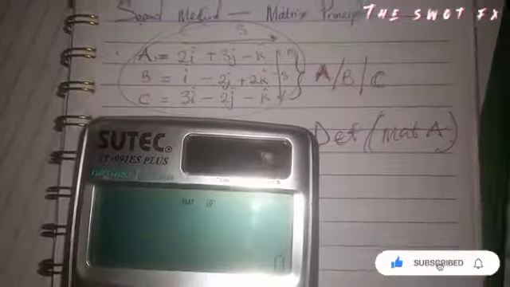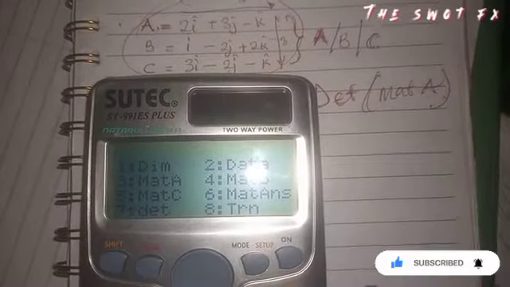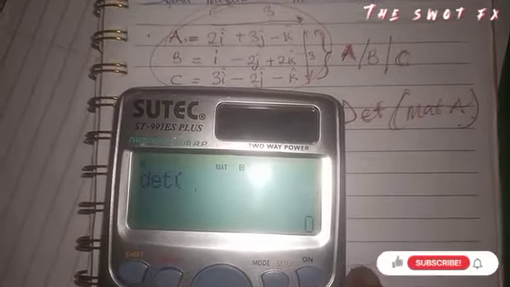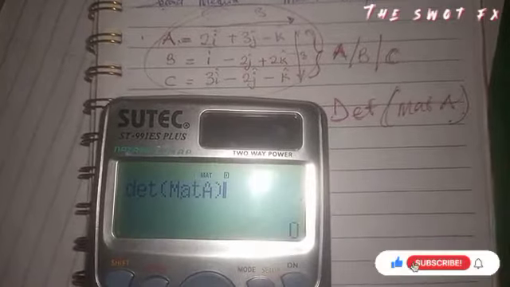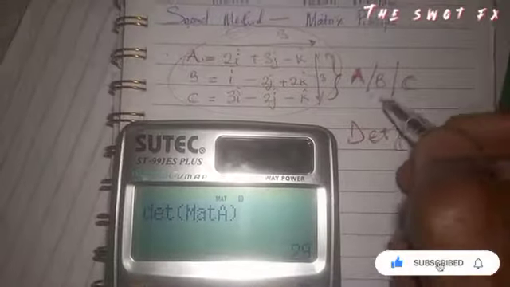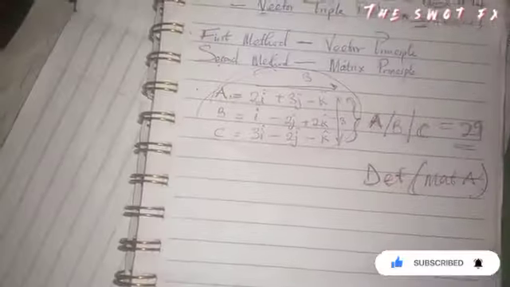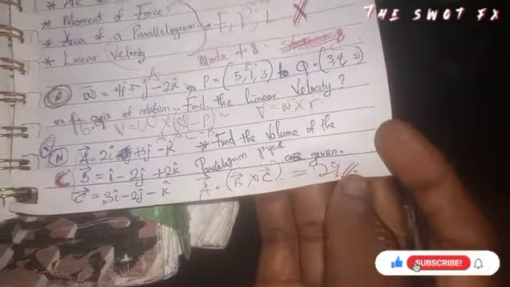So what you do, you press shift 4, then you press 7, then you press shift 4 again, then you press 3, which is A, then you close the bracket, then you press equals to. Can you see? We have our answer as 29. Same thing as what we got when we did the other one, 29.